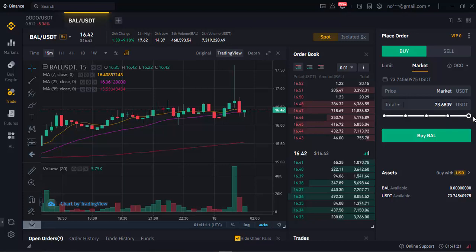Alright, so let's say we are buying 100% with our available USDT, so we are using market price to buy it immediately. So let us buy by clicking on the buy bar.